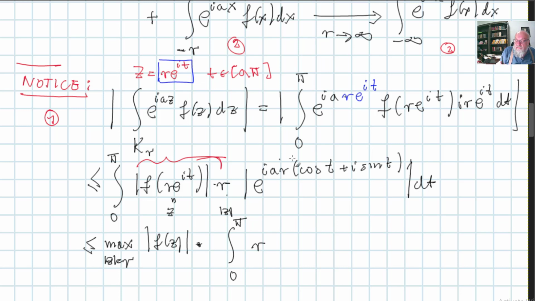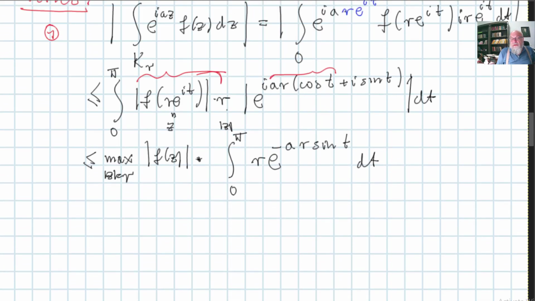So I'm getting here e to the minus a r sine of t, dt. Very nice. So I'm still estimating. It is a little complicated, you see, but it's not so bad.